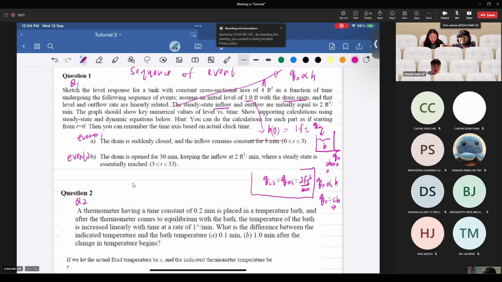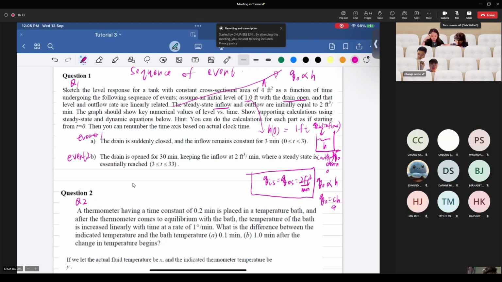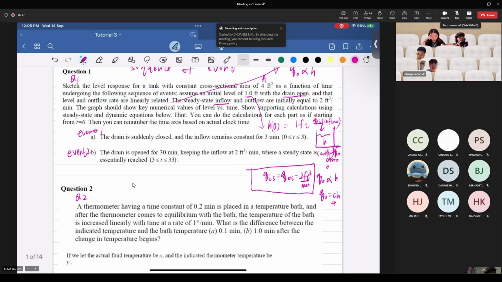This is the information given to you at the beginning. The steady state inflow QI is the inflow, and this is the outflow. You have QIS equals QOS, steady state, or you prefer to write QI bar equals QO bar equals 2 cubic feet per minute.